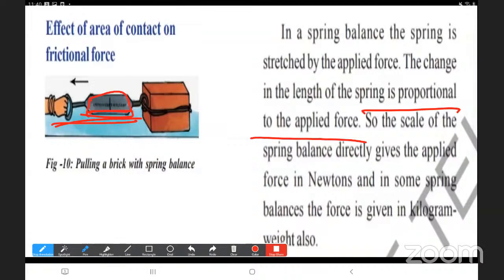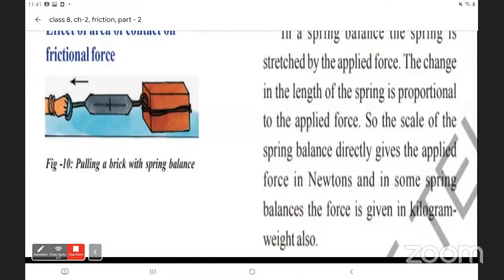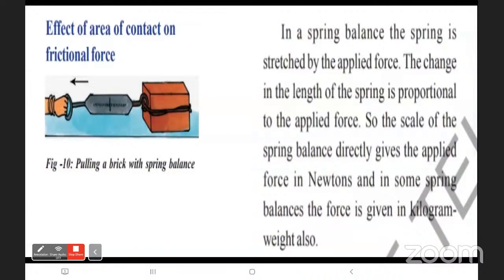The scale of the spring balance directly gives the applied force in newtons, and in some spring balances the force is given in kilogram weight also. So by pulling, we can observe the values on the spring balance scale, in newtons or in kilograms.